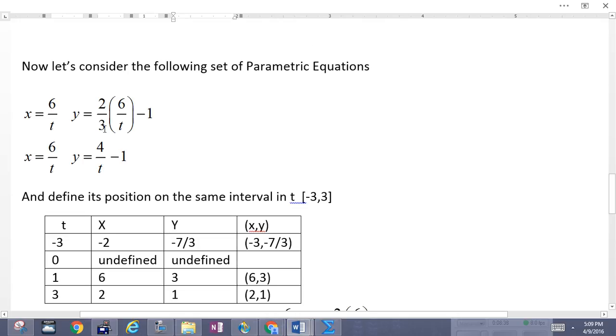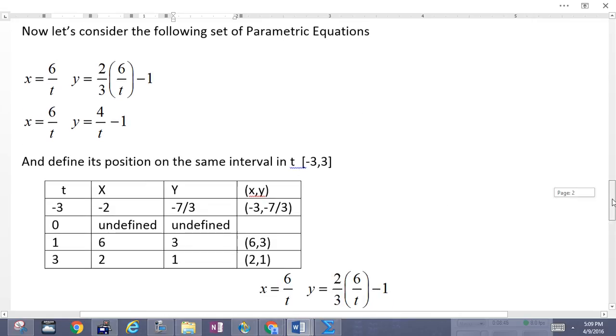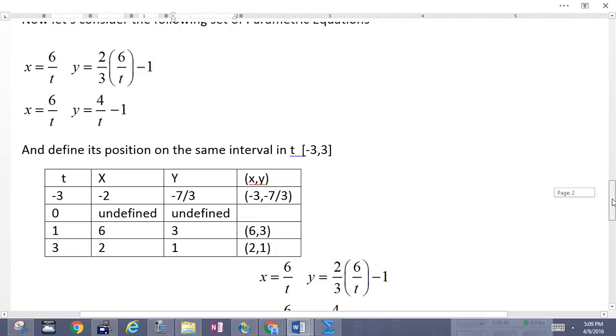So that would be, as you can see here, 4 over t minus 1. Now, obviously, we should find that this is undefined at t equals 0. So let's see, in fact, what happens here.